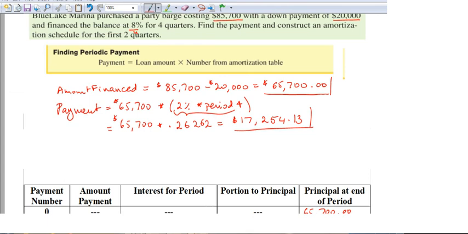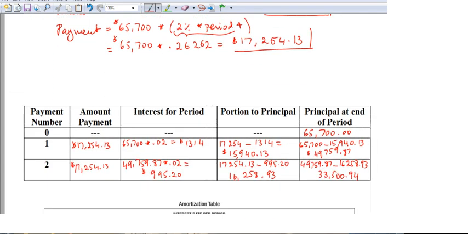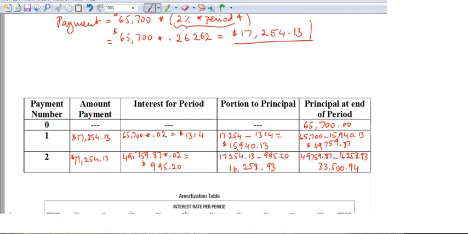We find that the payment is $17,254.13. Now let's construct this table for the first 2 payments. At the beginning, number of payments 0, the loan is $65,700.